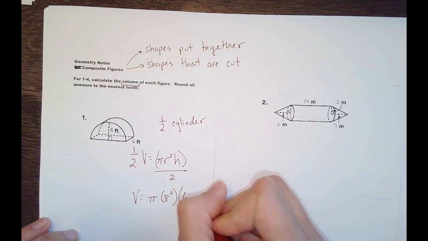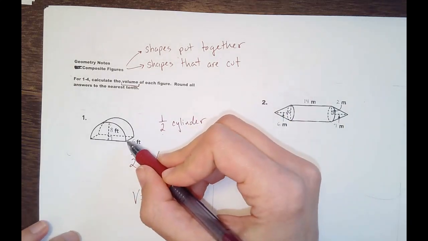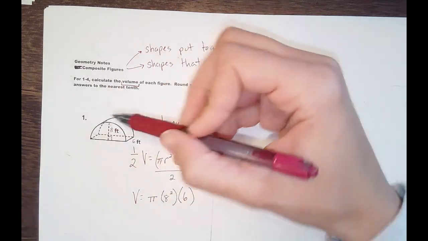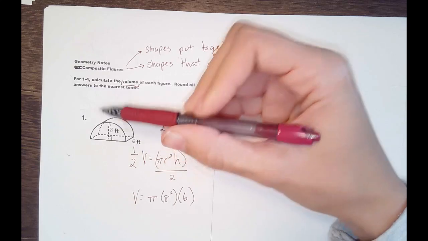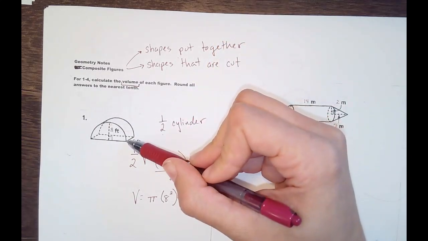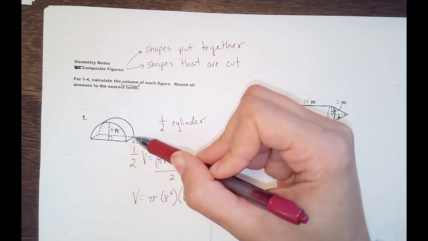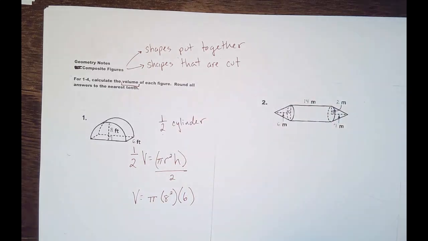Remember, the height is the distance from this circle to that circle on the back of the shape. It looks like the height of the object is 8 because it's on its side, but it's the distance between the two circles. And then we'll divide that by 2.